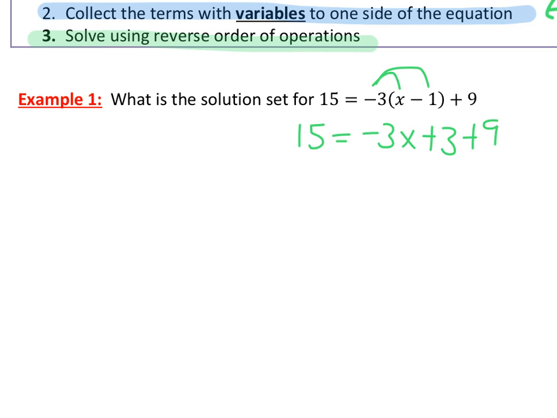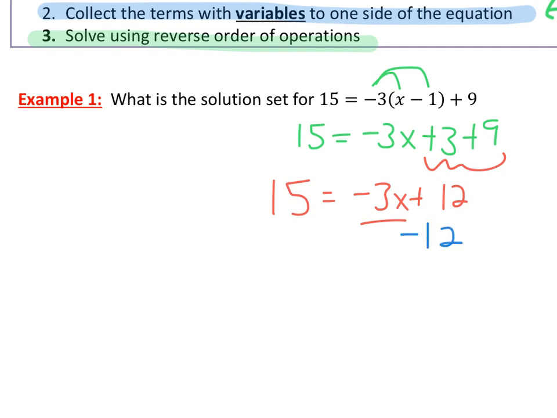Next thing I'll do is combine like terms. I'm going to continue to simplify both sides until I can't do anything else. Everything else comes down. Notice now that I can't simplify either side, I would try to move all the variables to one side. That's already the case. So now I'll just solve with reverse order of operations.